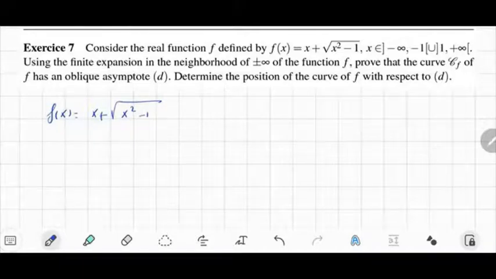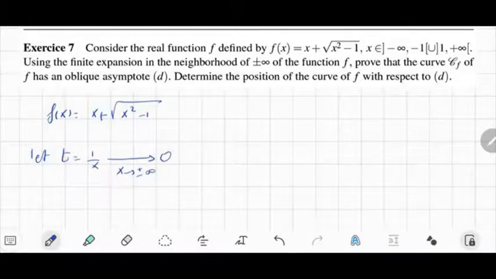So, even if I don't say that you will use the finite expansion in the neighborhood of plus minus infinity, when I say find the asymptote, you yourself will start using the finite expansion in the neighborhood of plus or minus infinity. So the first step that you do, immediately you say let t be equal to 1 over x, which will make t go to 0 when x tends to plus or minus infinity.